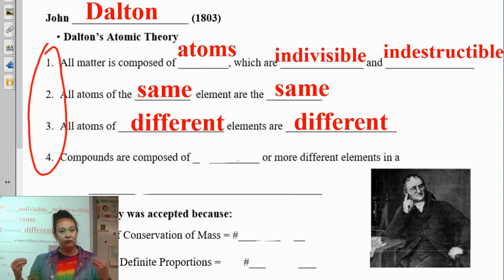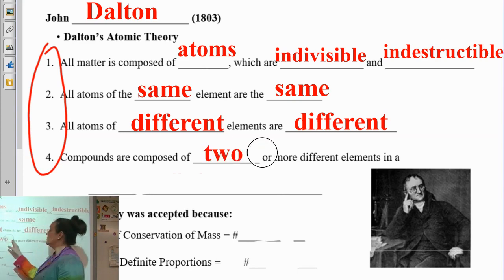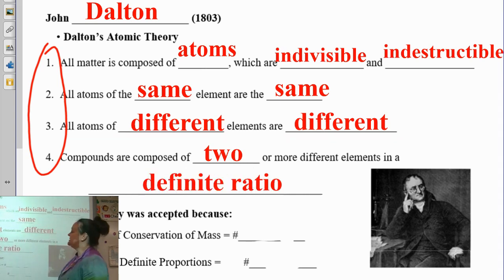They are different from each other. And again, you understand that, but somebody had to say it first. And then the 4th one, he said that compounds are composed of 2 or more different elements in a definite ratio. Okay. So these are his 4 postulates.